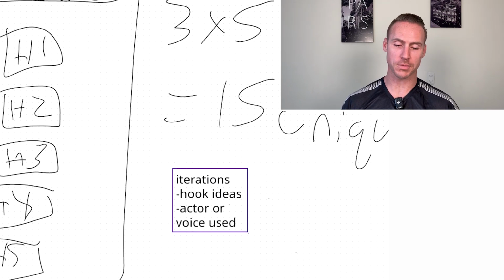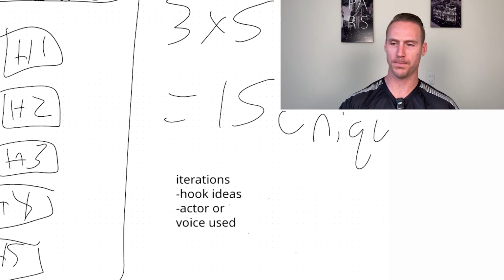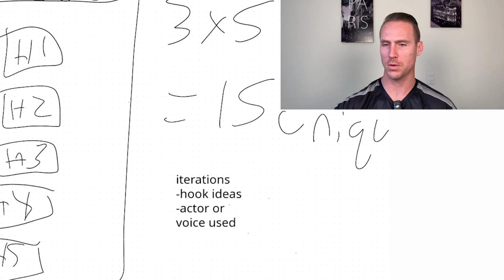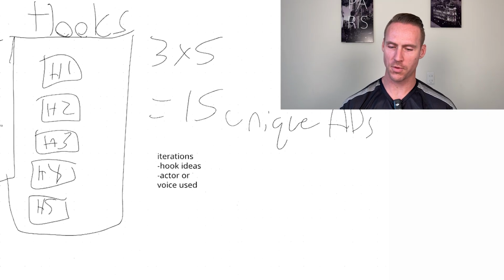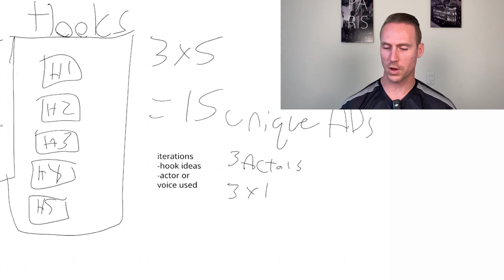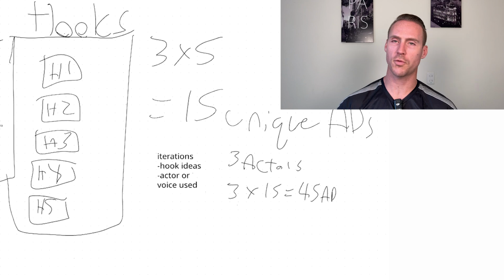These are unique ads in themselves. Let's just say we throw in 3 more actors and actresses, right? Zoom out a little bit here. So we now have 3 actors or voices. Okay. That is 3 times 15 equals 45 ads. There you go. So you got 45 ads.